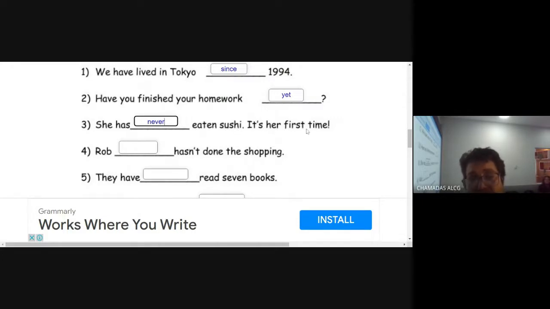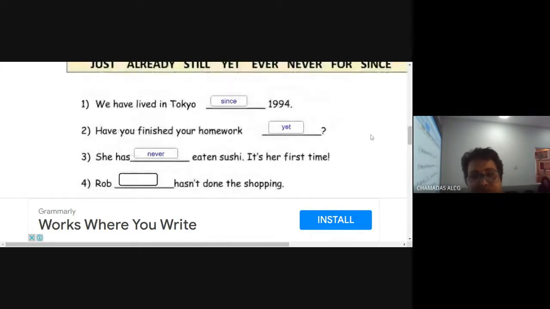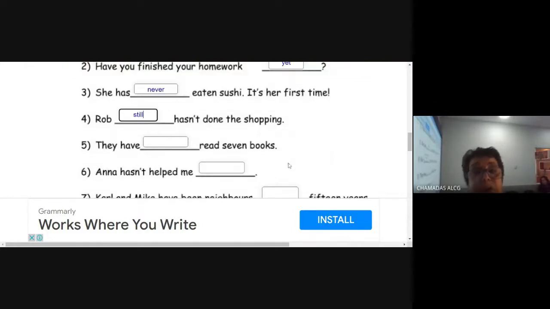It's her first time. Number 4, Robinson, that's for you. Rob. Still. Remember, negative, right? So Rob still hasn't done the shopping. So please, Rob, do the shopping. Number 5, they have.